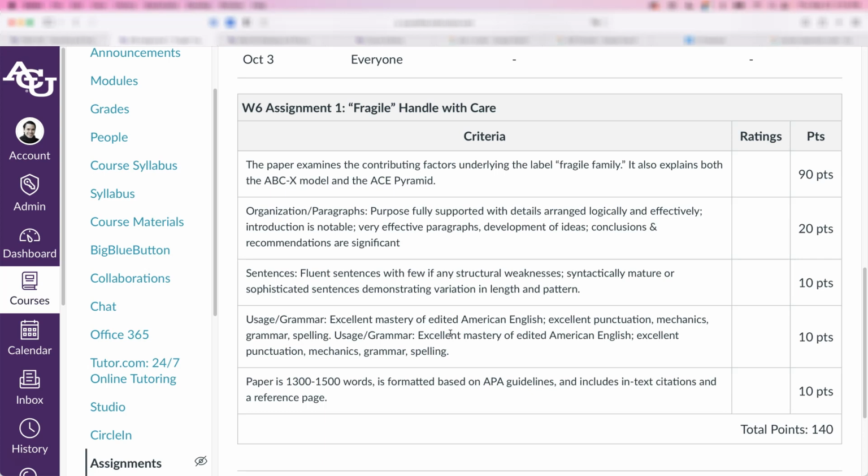Quality really matters to the extent that 50 of the 140 points, that's more than a third of the grade, is this written and formatted well, and have you done your due diligence in editing it to make it high quality?